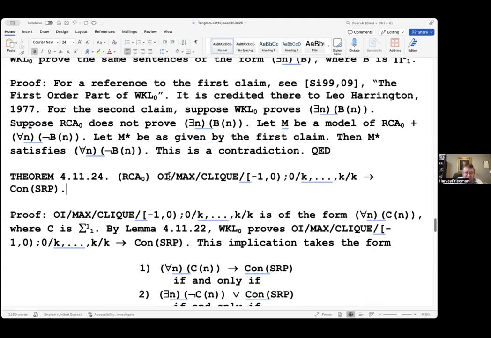The model theoretic form, that this statement implies there's a model of SRP, I guess is not claimed, but I don't need to claim everything. I can let you all improve my manuscript. So I guess maybe there's some possible improvement here, but this is the main point. Okay.